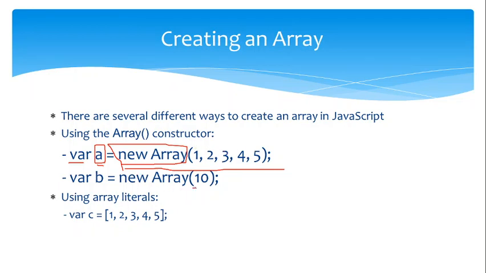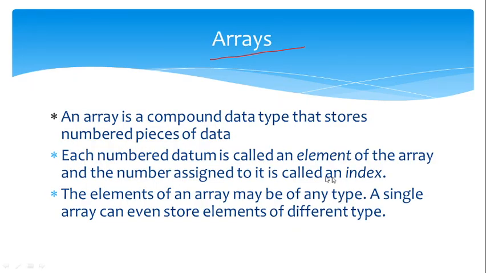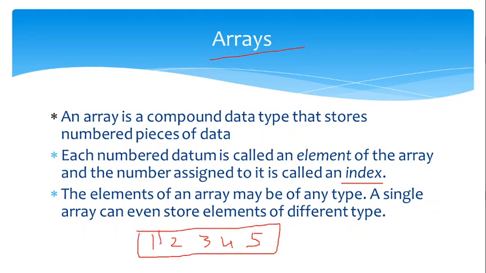Where b is equal to new Array(10). Here we are telling the indexing, for example 1 2 3 4 5. That is in the form of an array, and these are all the elements. And here we are giving 0 1 2 3 4. This is called the index, and these are all elements.